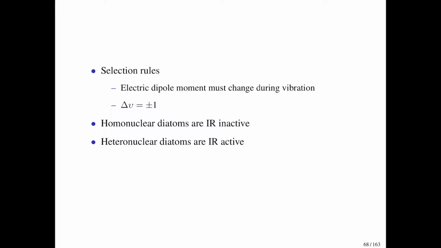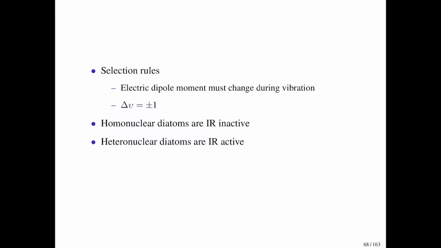As you stretch a heteronuclear diatom, the dipole moment of the molecule will change through the course of that vibration. However, for a homonuclear diatom, the dipole moment will be unchanged by the stretch of the bond. And therefore, homonuclear diatoms do not absorb infrared radiation, and we say that they are IR inactive. But heteronuclear diatoms are IR active.